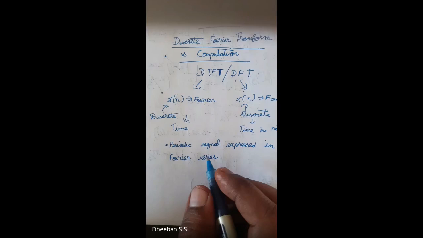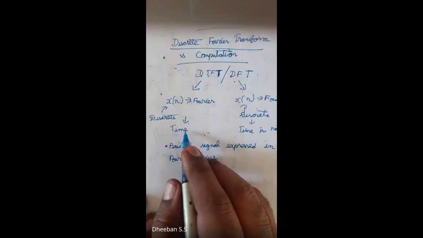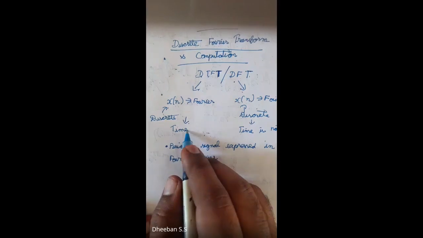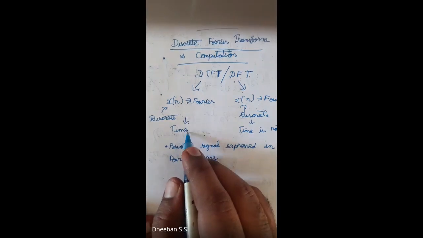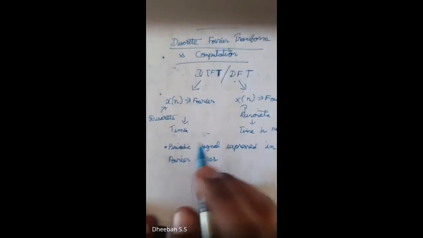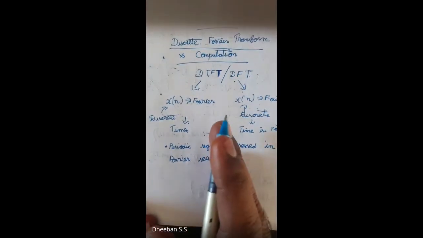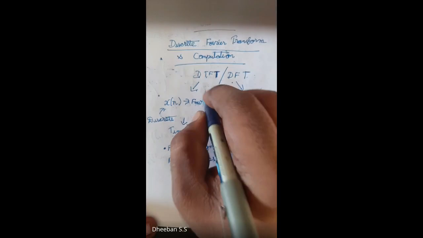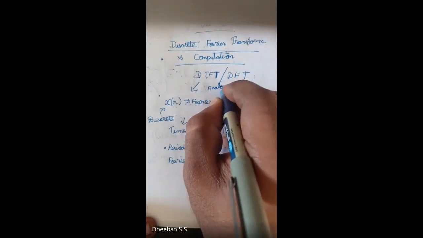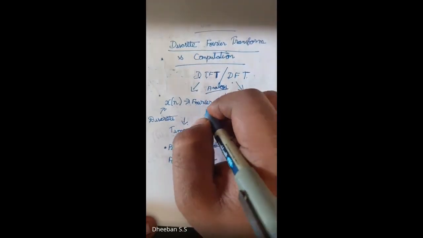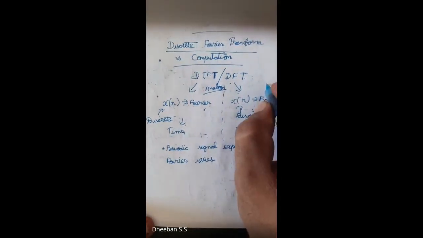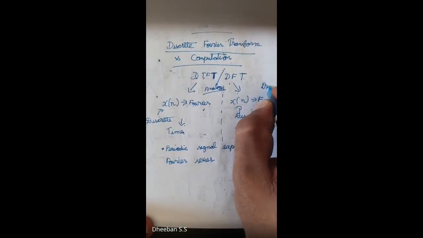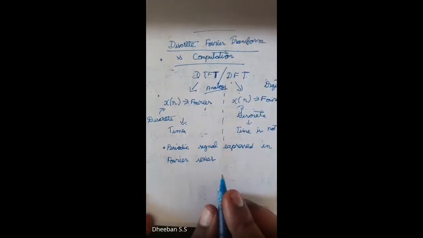So if this is with respect to your time plane, it is similar to your analog and digital concept. For processing an analog signal, you will be going with respect to your DTFT. The same thing, if you are processing a digital signal, you will be going to your DFT.